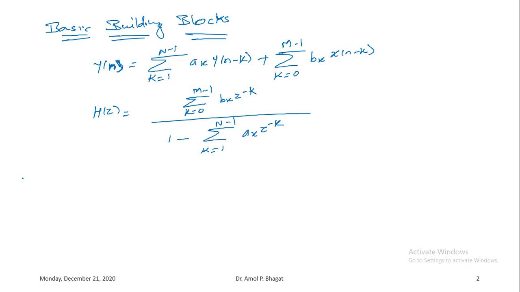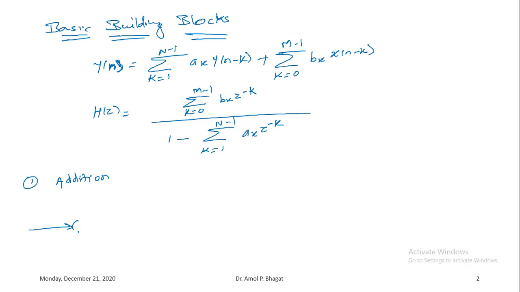Okay, so the first one is the adder, which is also called the signal adder. This will be used for the addition of two sequences. So for the addition operation we'll be using the signal adder.